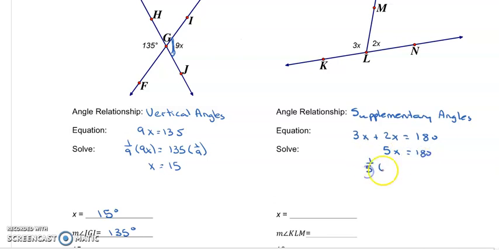I'm going to multiply each side by the reciprocal. Using my calculators, I get 36. So x is 36 degrees. And then it asks me for angle KLM. So KLM, that's this guy right here. So I'm going to go 36 times 3, because 3x, that gives me 108 degrees.